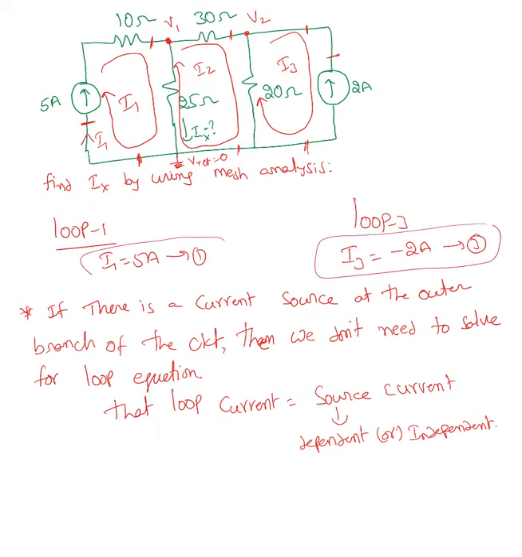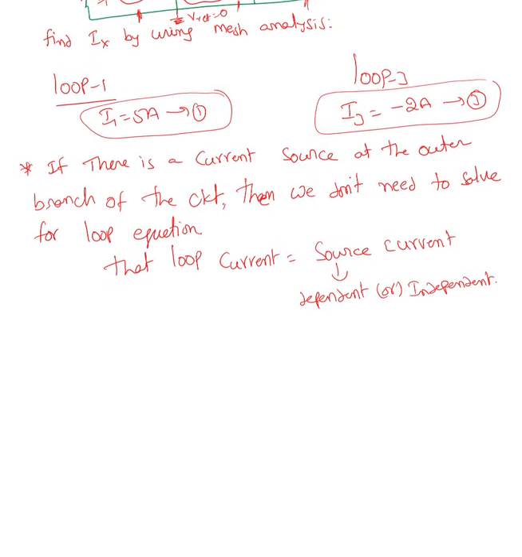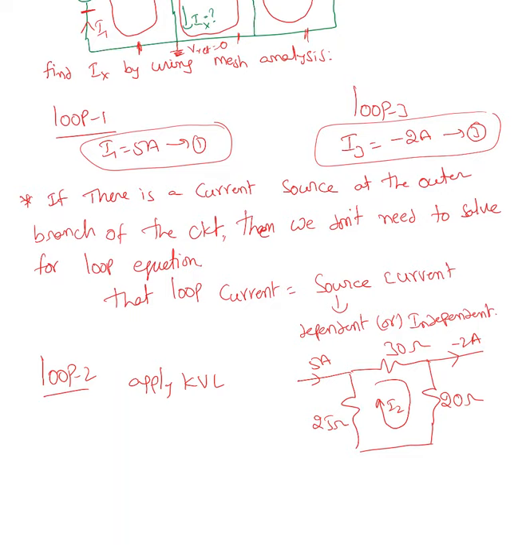Okay, now loop 2, for sure we need to apply KVL. So here is my loop 2. Next step, I need to assign positive and negative sign according to my current direction, I2 direction.